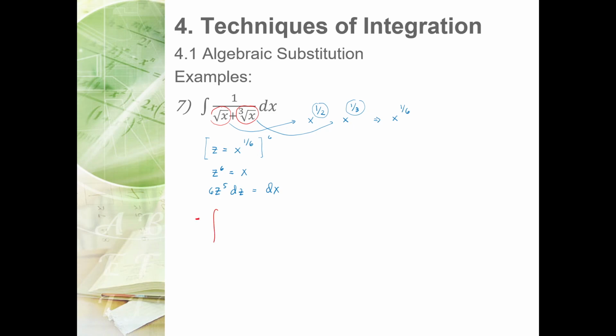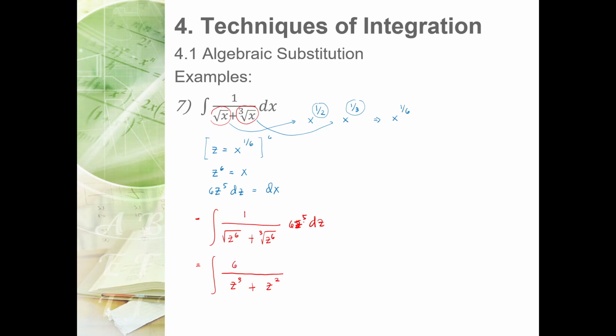So 1 all over square root of z to the power of 6 plus cube root of z to the power of 6, then 6z to the power of 5 dz. The square root of z to the power of 6 gives us z cubed, plus the cube root of z to the power of 6 gives z squared.